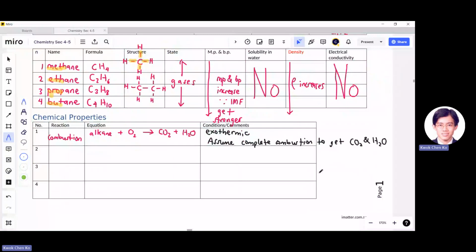So you mean if it's not complete combustion, there will be another part? Yeah, and since you asked, let's write it down too. Because it comes up in the last chapter. So if you ever get incomplete combustion, you will get CO. Look out for that in your question.